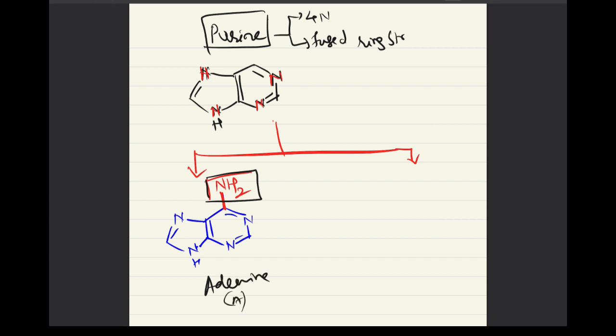also called as A, whereas in the case of guanine we will draw again the basic structure of purine. First we will draw the structure, then we will place the double bonds, right? So there is a double bond here, double bond and double bond here, and one NH2, this is NH.